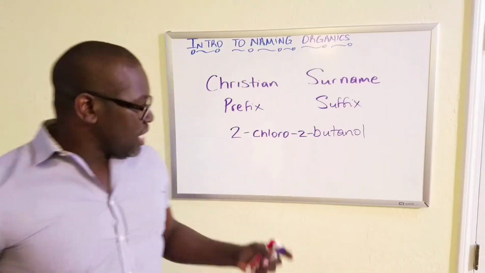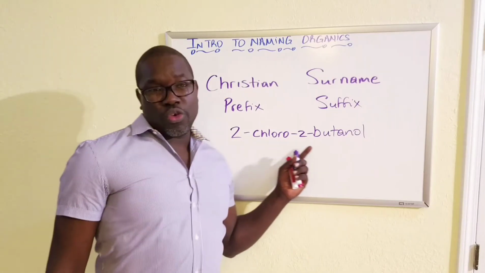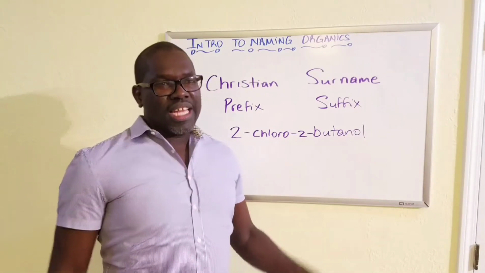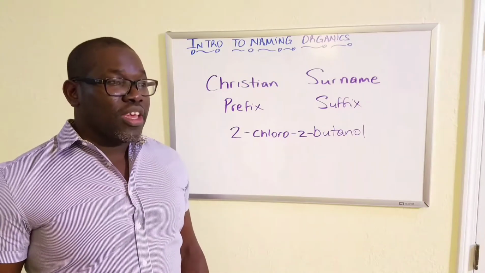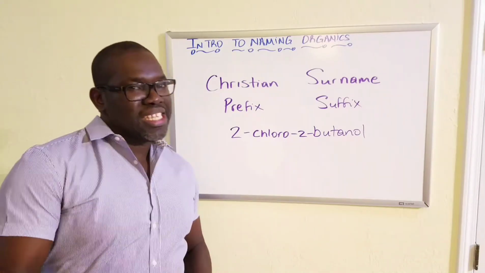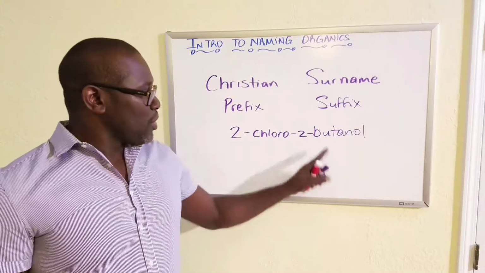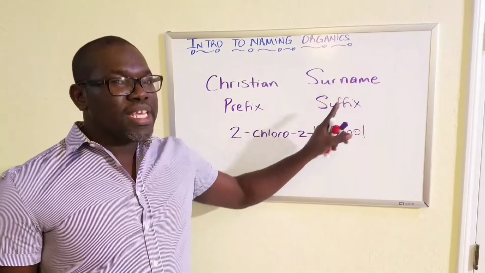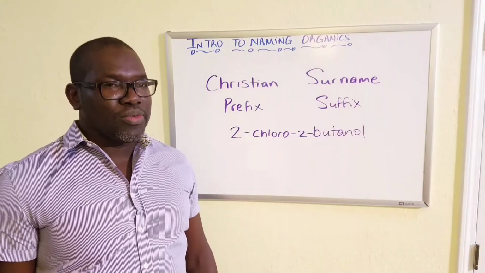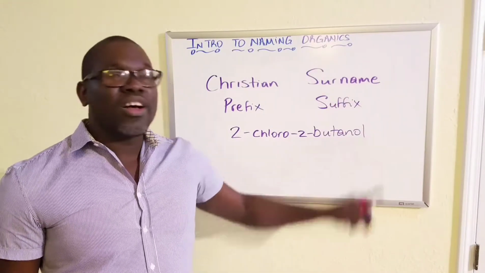Now, I've given you an example here. You have 2-chloro-2-butanol. And it might sound like a lot. But here's the thing. The last name, or the root name, or the class name of this organic compound is butanol. The surname tells you the class of organic compound. So we know this is an alcohol because of that.